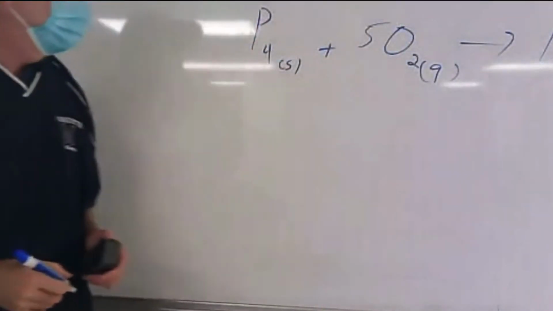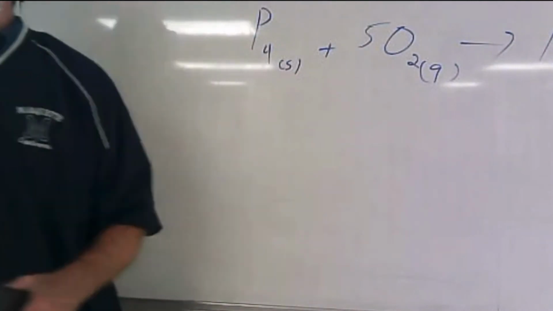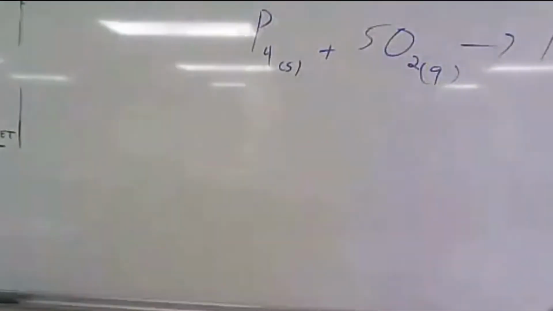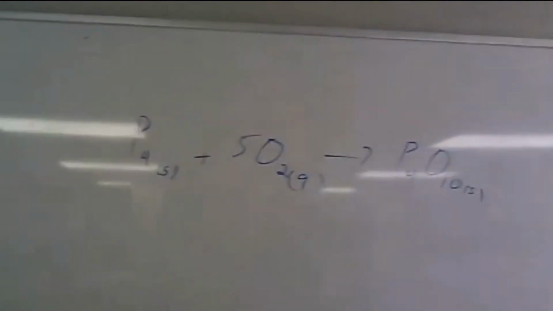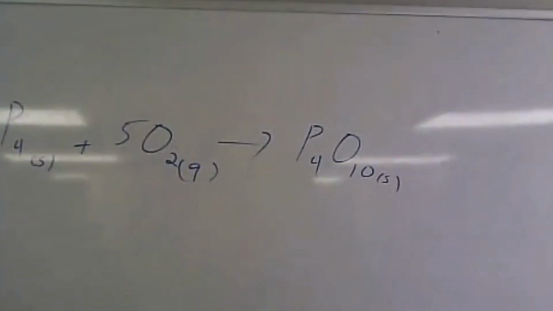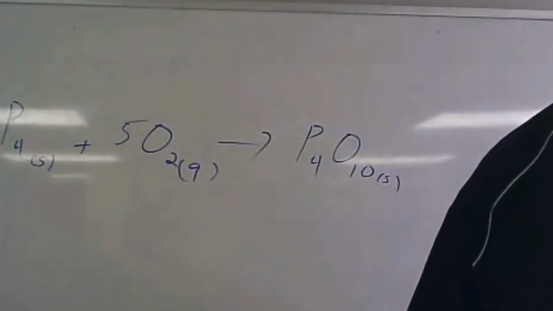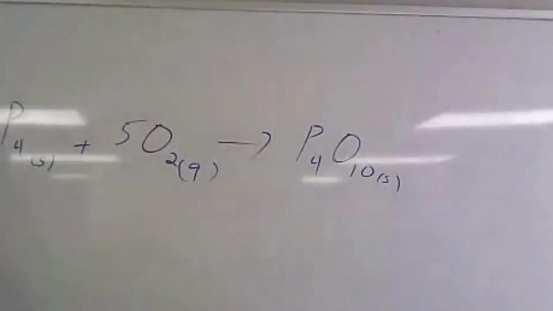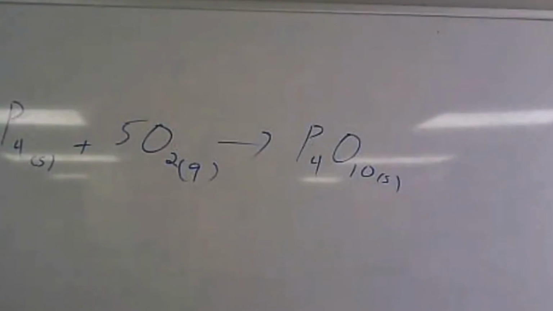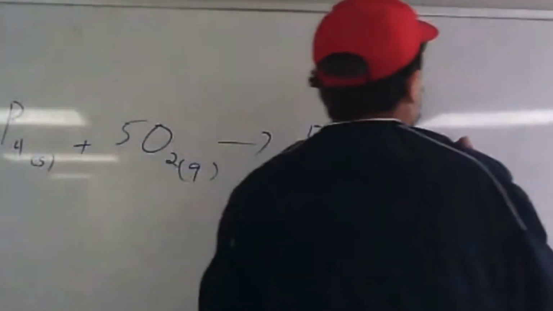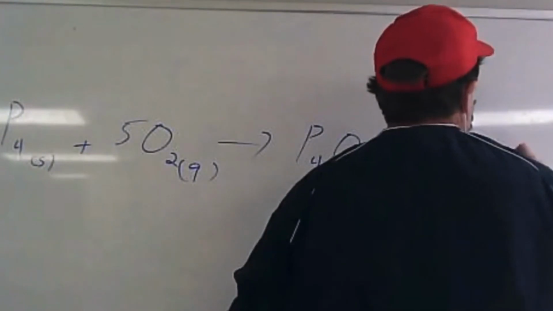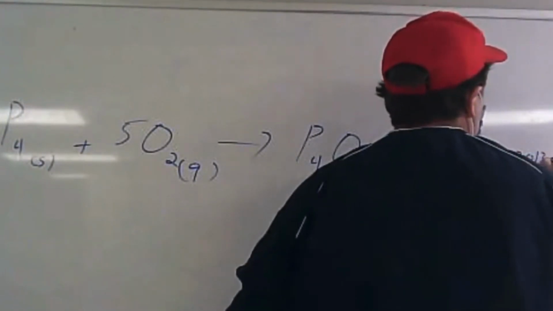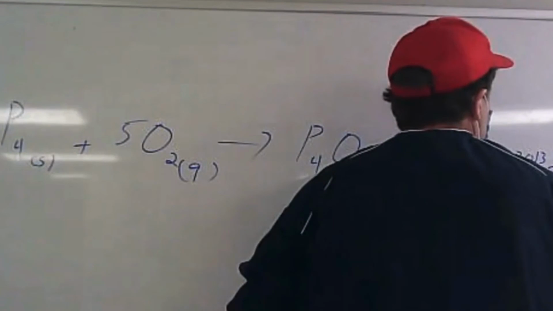Okay. Now let's look at the enthalpy. Right now, this is old-fashioned chemistry. So if I'm asking about a heat change, you don't know anything, right? Because you don't have an enthalpy change. So the enthalpy change is negative 3013 kJs per mole.